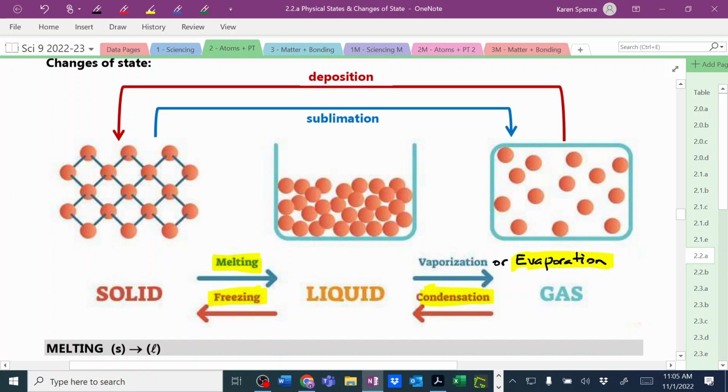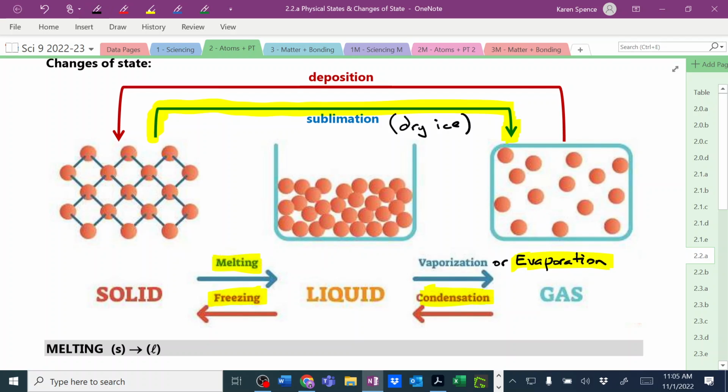If you go directly from a solid all the way over to a gas, can you think of a substance that does that? Dry ice goes straight from a solid to a gas. That is called sublimation. How many people have heard the word sublimation before? Maybe you heard it in grade 8. Okay, so yeah, it's a familiar term.